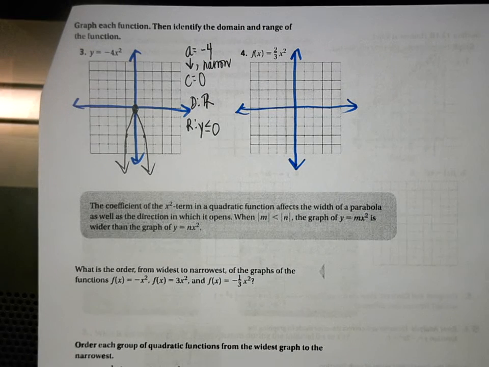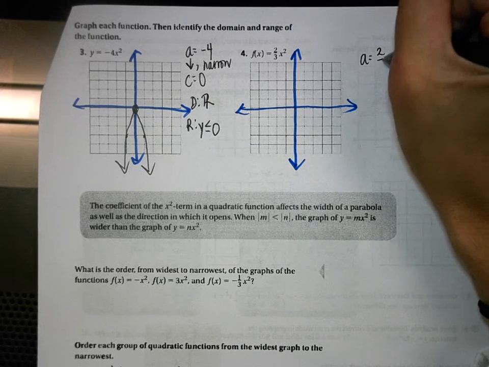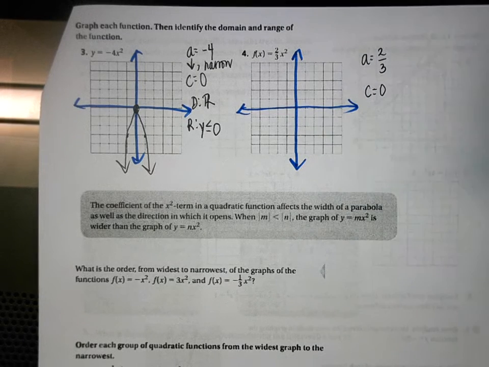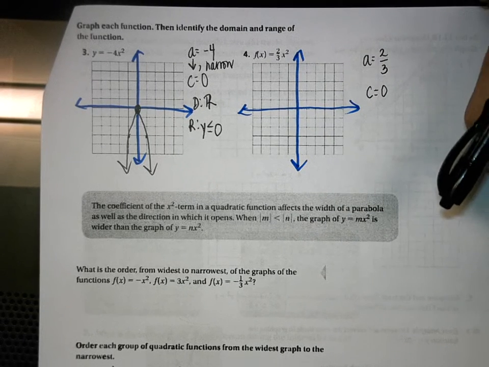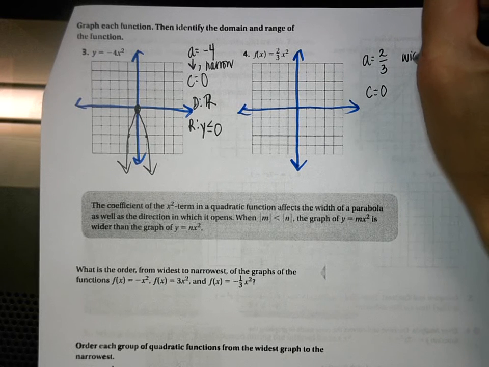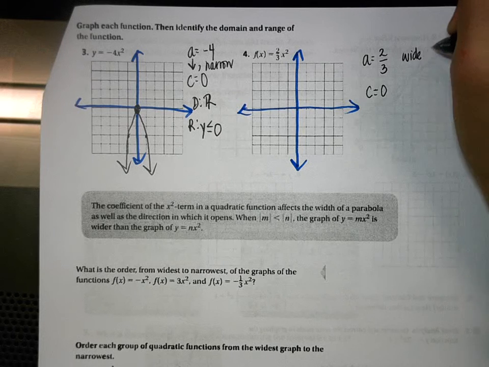Okay, number 4. What is my A value here? Very good, 2/3. And my C value is 0. 2/3. What does that tell me about the graph? It's going to be wider. I'm just going to write wide. And it's also going in what direction? Up.